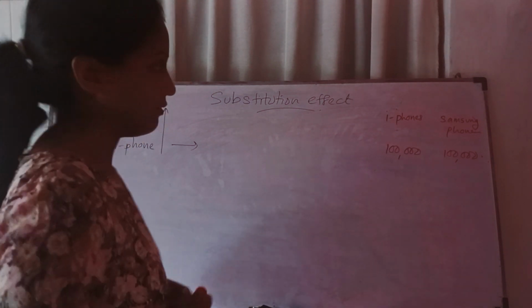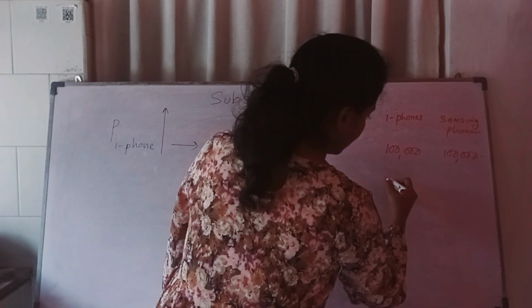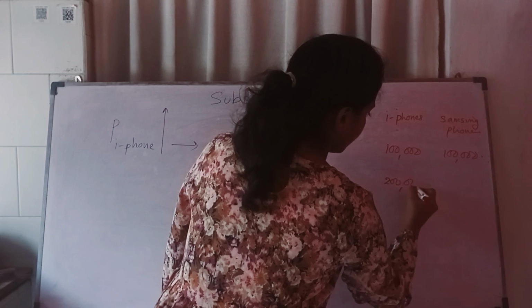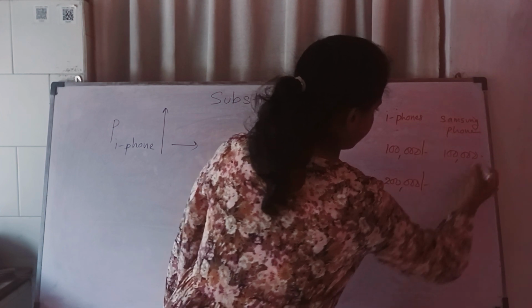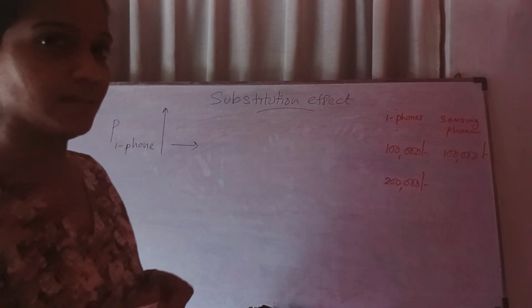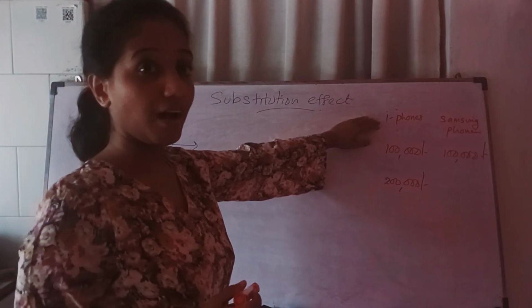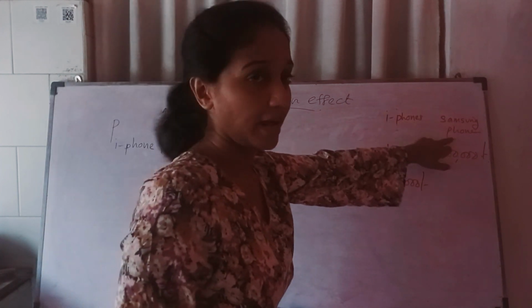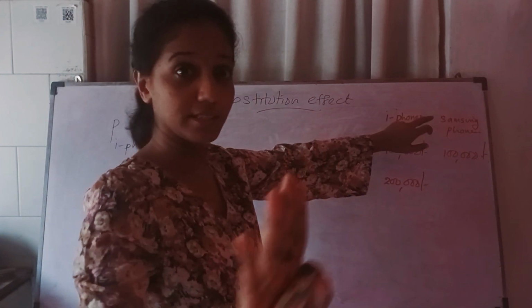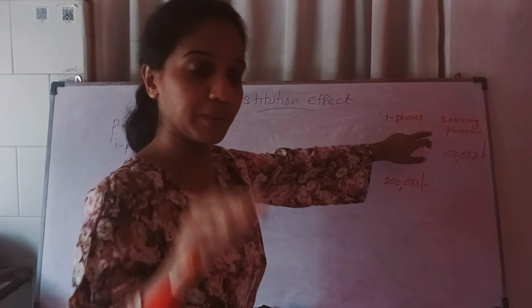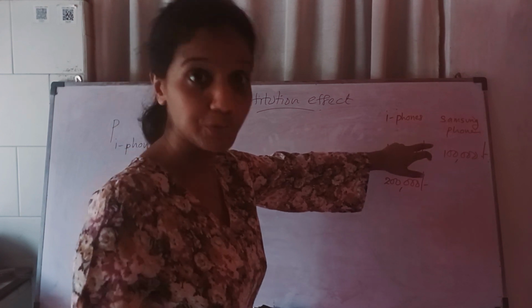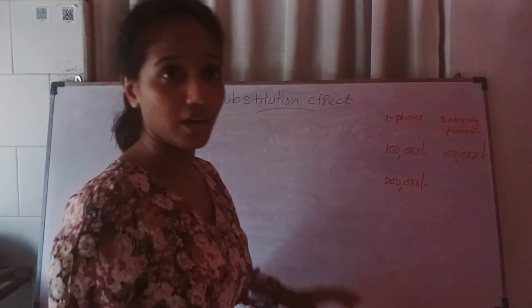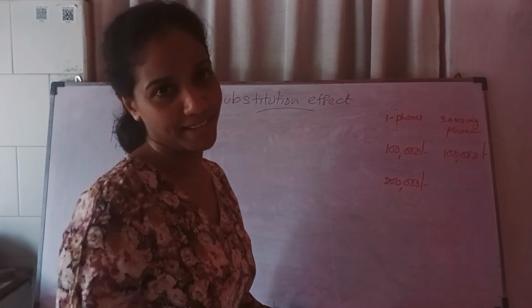It increases, right? Let's assume this becomes 200,000 rupees. Only the price of our concerned good changes. The price of the other substitute good does not change; it remains constant. It's an assumption we make when we talk about the law of demand, right?